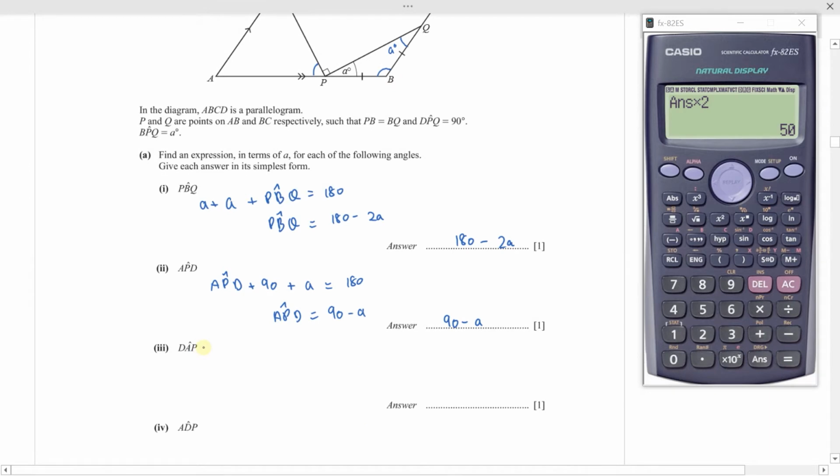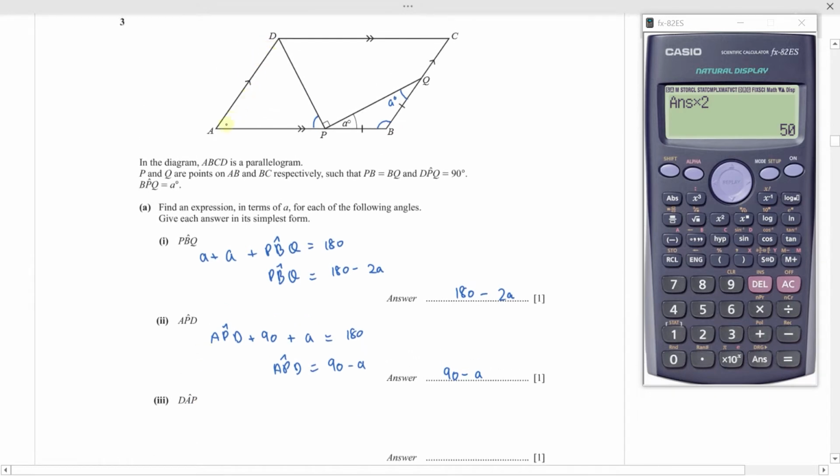The next one is DAP. So DAP is this angle here.